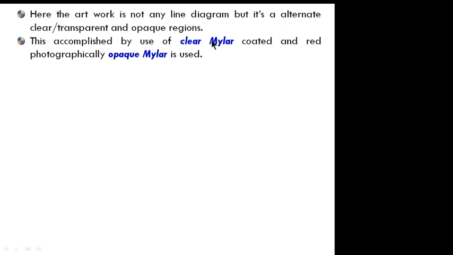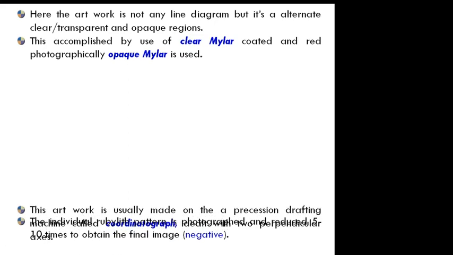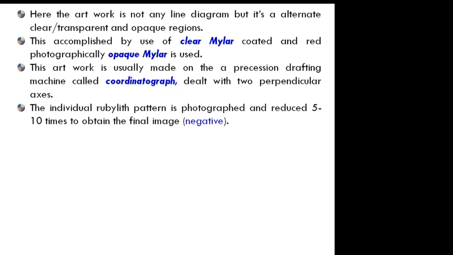So once the clear mylar coating is exposed under UV light, it becomes opaque and very much solidified. Clear mylar is a very thick gel-like material, but once exposed under UV light, it becomes an opaque layer.